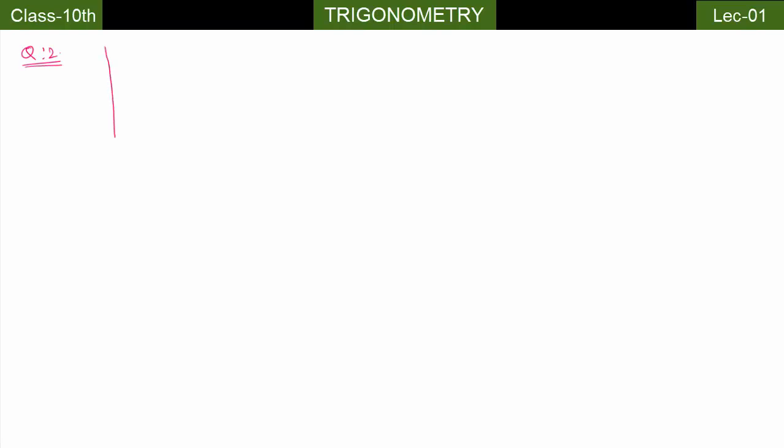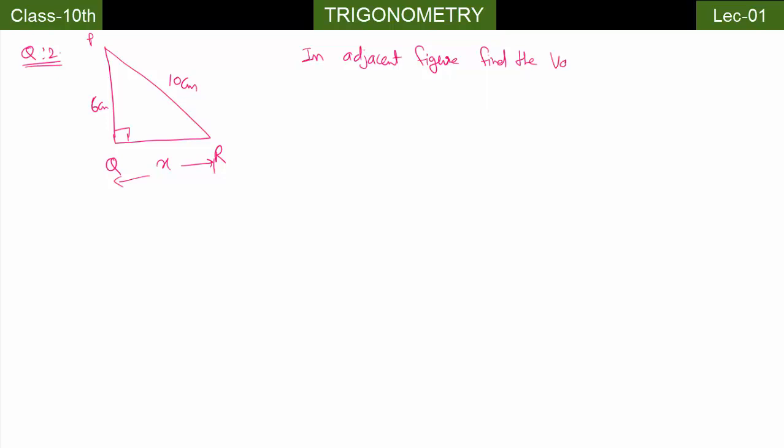Let's say I have a triangle right here. This is the right angle triangle, and here I have Q, this is my P, and this is my R. Let's say this is given as 6, this is given as 10 centimeter, and I have to find QR, which is equal to X. So the question is, in the adjacent figure, find the value of X. What can I observe in this figure?